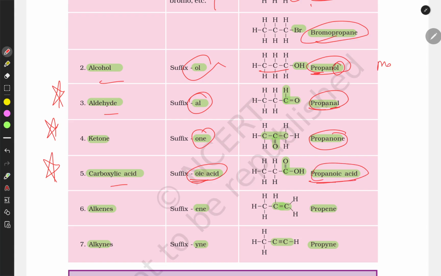So there is meth, eth, prop, but, pent, hex, hept, oct, non.